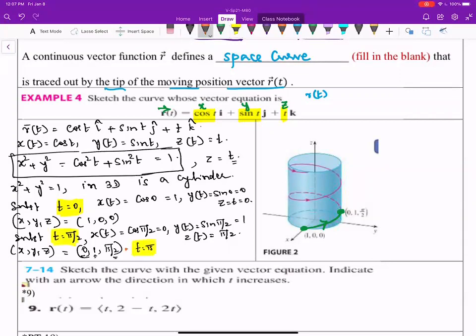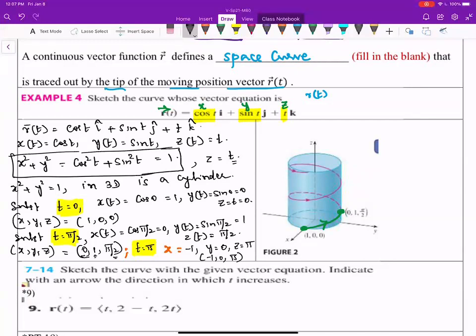When t equal to pi, x would be cosine of pi, which is -1, y equal to sine of pi, which is equal to 0, and z equal to pi. So it is -1, 0, pi. So it goes on the opposite side, the negative side of the x-axis, and from there you're climbing up pi units.